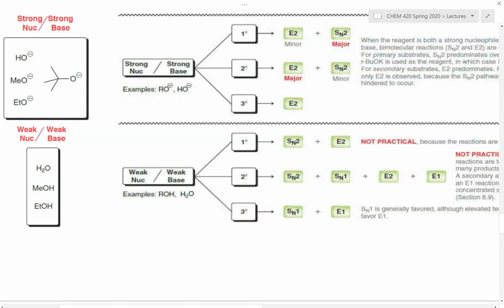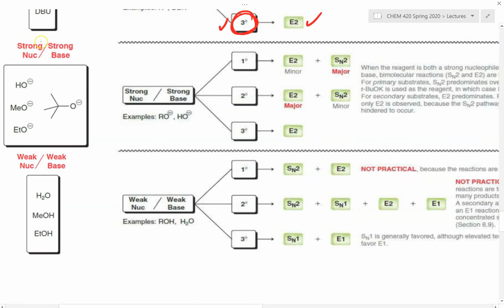And now, if we were to have the other types of reagents that are both strong nucleophiles and strong bases, then we will be getting a mixture of both the substitution and the elimination reaction. For example, most alkoxides or hydroxides are reagents that are both strong bases and strong nucleophiles.